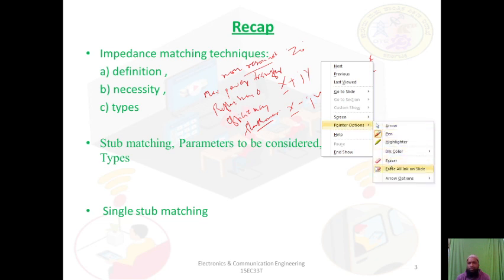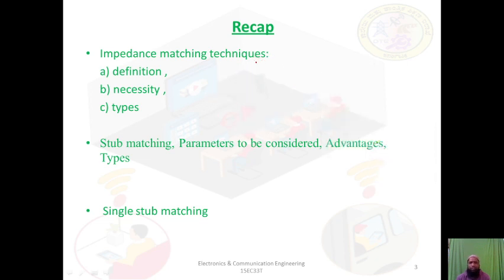Then, types. For lower frequencies, for impedance matching we can use lumped components or lumped networks. And we can also use transformers, audio transformers.